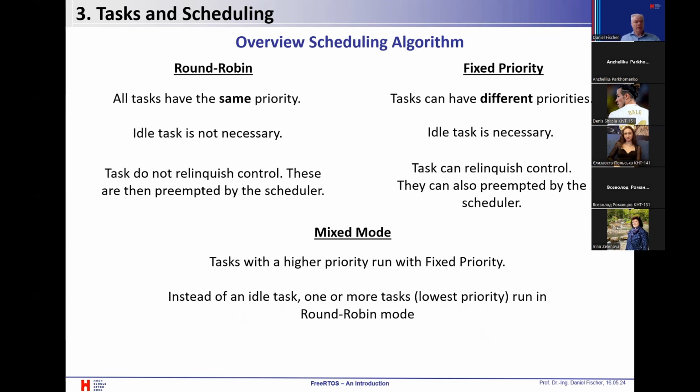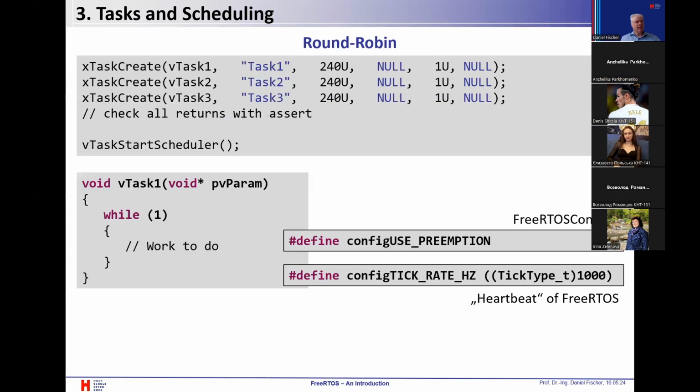Okay, here we'll see this as an example. Here we created 3 tasks, very, very simple. The scheduler is started. And here you can see an example of the implementation of such a task function.